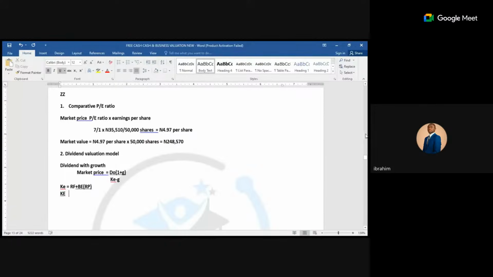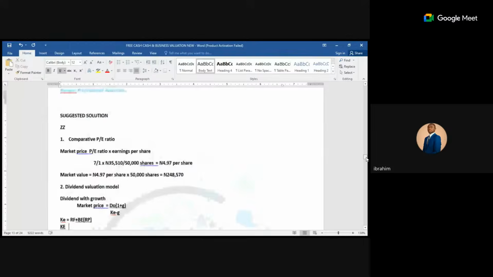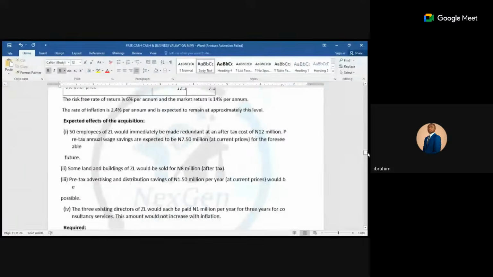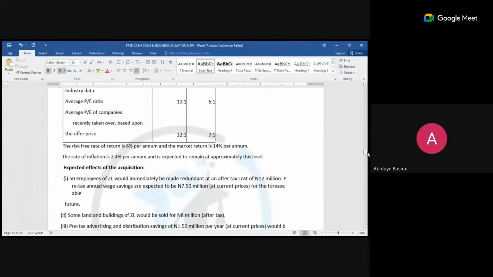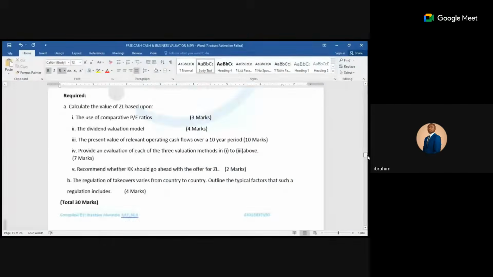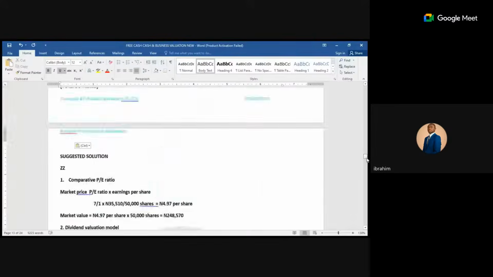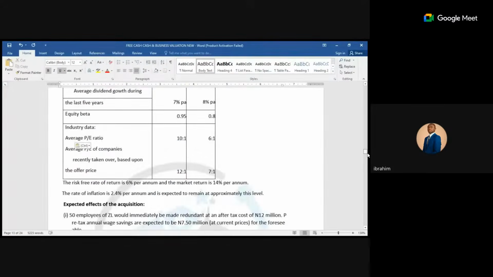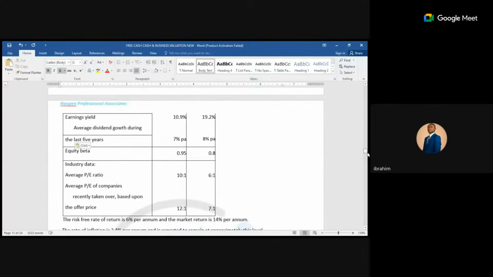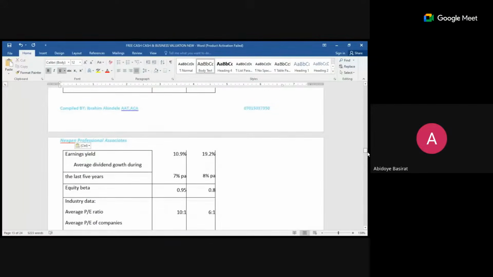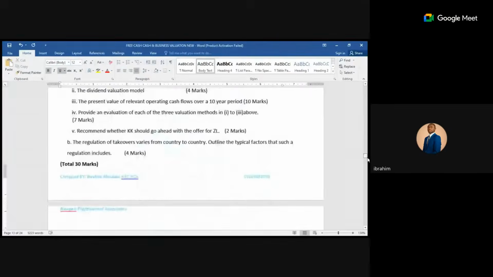equals risk-free. What is our risk-free given to us in this question? Risk-free is 6, plus what is the equity beta of ZL? What is equity beta, class? 0.8.